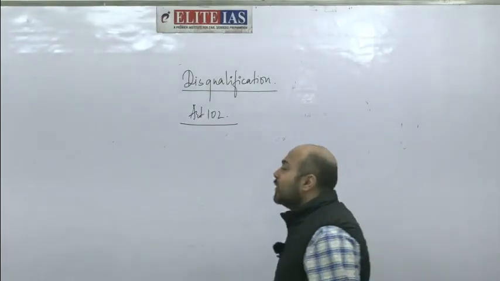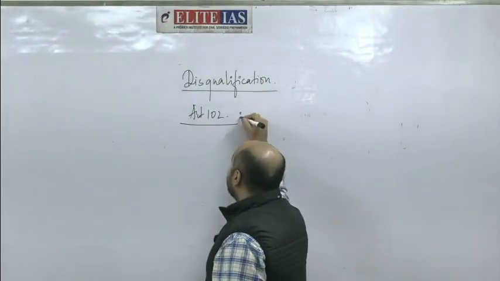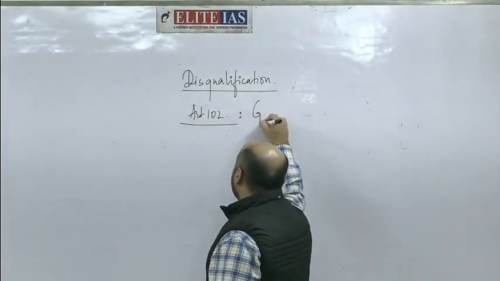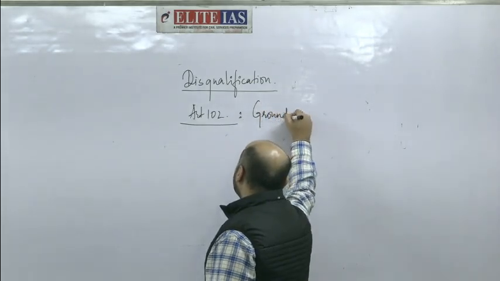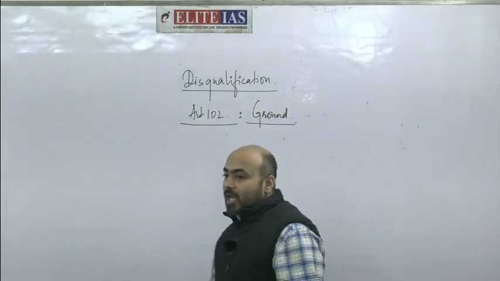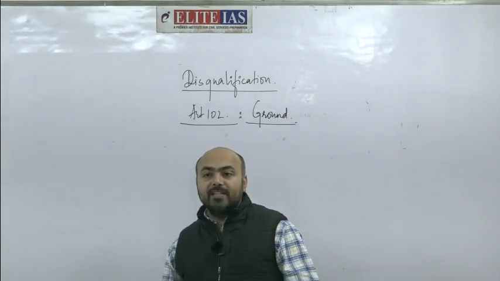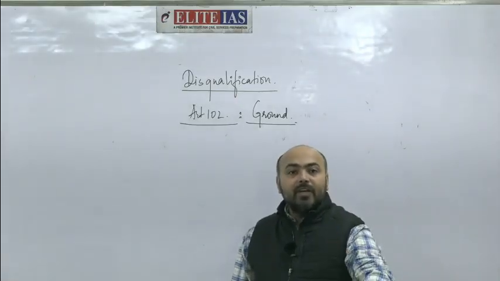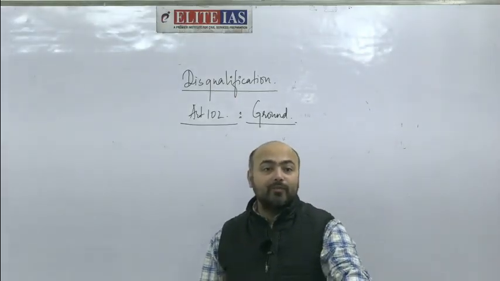Article 102 gives some grounds on which an individual can be disqualified. Among those grounds, we have discussed if he is holding an office of profit.